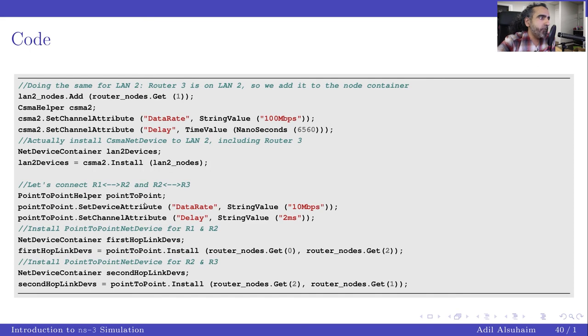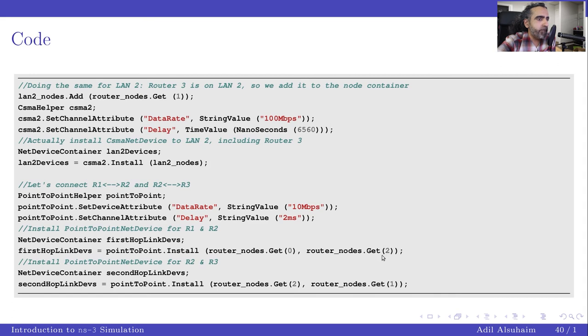Now I'm going to use the point-to-point net device helper. I'm going to give it a data rate of 10 megabit per second and a delay of 2 milliseconds. I'm going to create a net device container, first hub links. In this case, I'm going to install a point-to-point net device between router node at 0 and router node at 2.